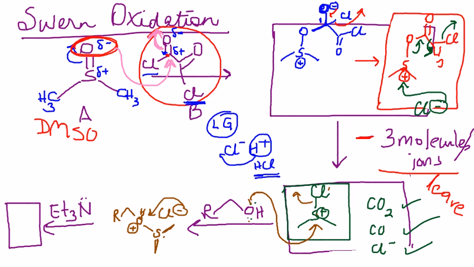So maybe let's show it this way. You're going to see you have R, oxygen, hydrogen, and you have sulfur, Cl. A simpler way to show that would be that these electrons attack Cl. So it's kind of like an SN2 type of reaction mechanism, and that will give you your alkoxy sulfonium ion.